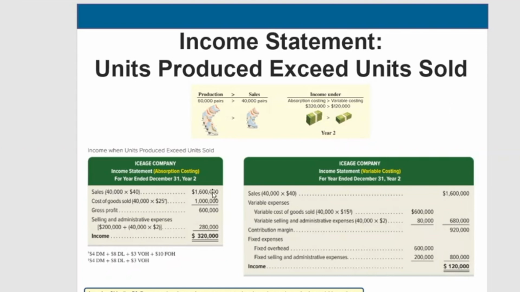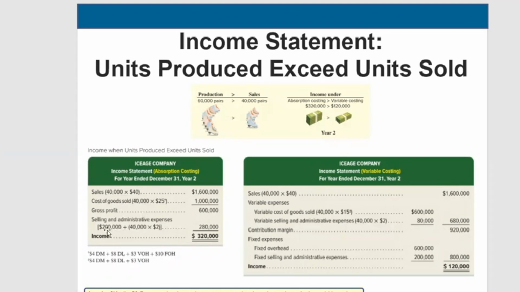My sales are the same no matter what, because we really sold 40,000. There's no getting around that. And we really got $40 a piece for them. So the sales are the same. Now remember our cost of goods sold. Remember, it doesn't say cost of goods produced. It says cost of goods sold, which gives us gross profit.